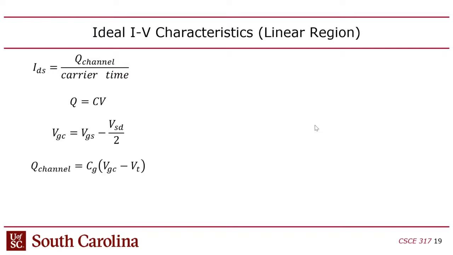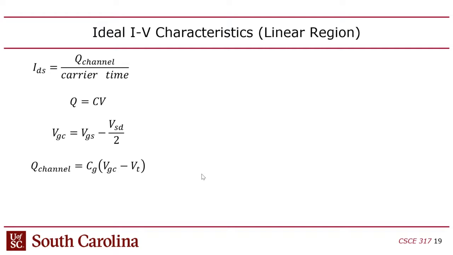Okay, so you then take the capacitance of the gate, and the voltage of the gate effectively is the voltage of the gate versus the channel, which I showed up above, but you have to subtract the threshold voltage because that doesn't count. You have to get above the threshold voltage before you start accumulating charge on the channel.